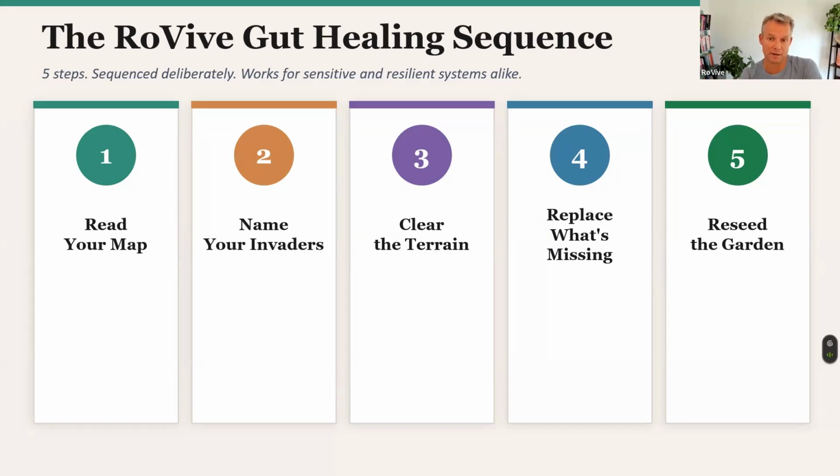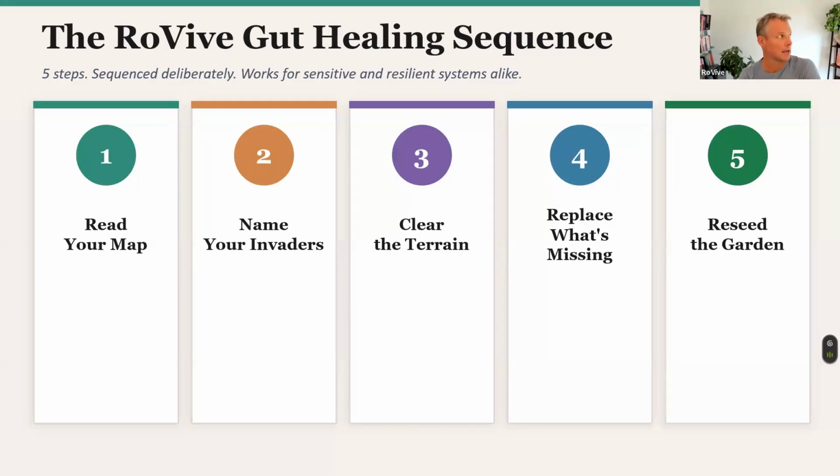Step two, name your invaders, because Aspergillus is not the same as Candida. It's not the same as Clostridia. And the organism can absolutely be part of determining the specific protocol. Step three, clear the terrain. I would just say gently, especially if your system is sensitive, like Braina is or was and still is.